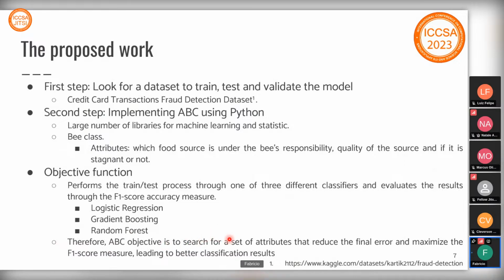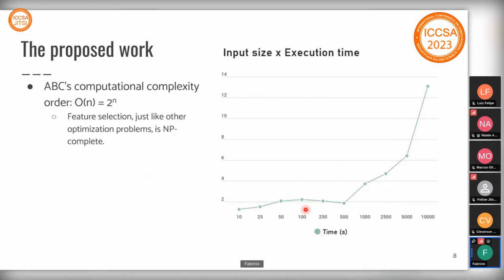The objective was to search the set of attributes to reduce the final error and increase the F1 score, leading to better classification results. Regarding the computational complexity of the ABC, it is exponential time, and feature selection is an NP-complete problem.